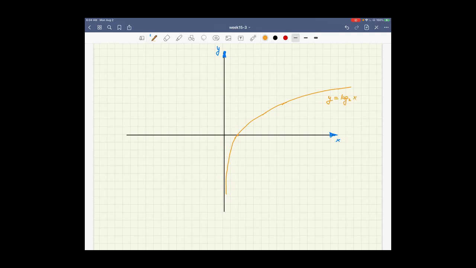Now, if we shift it by 3 units upward, it'll be the graph of log base 2 of x plus 3.